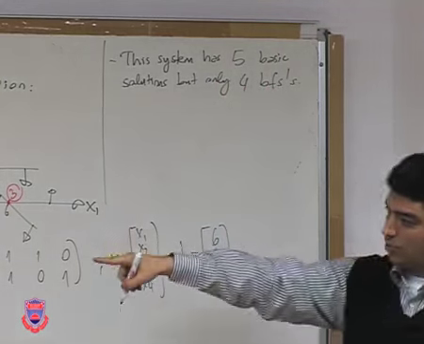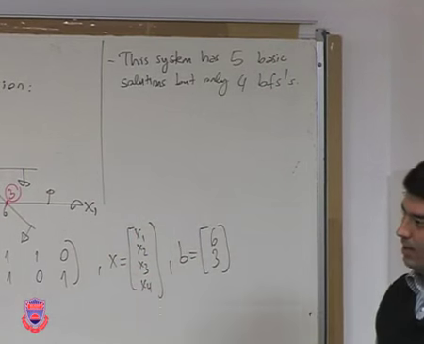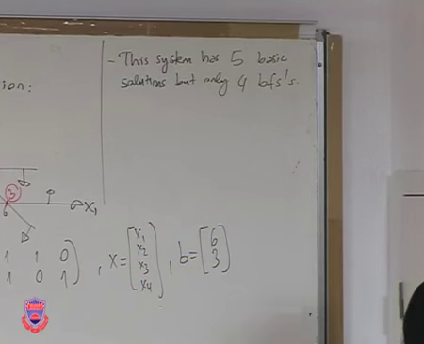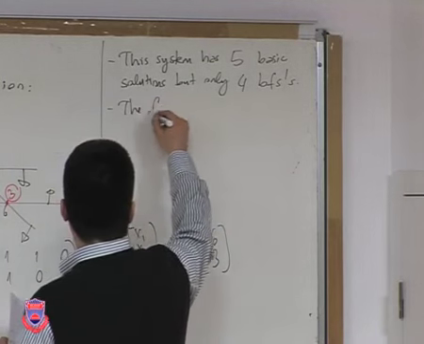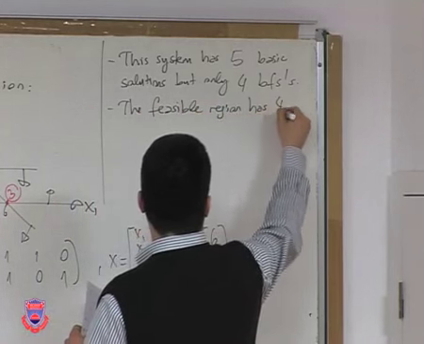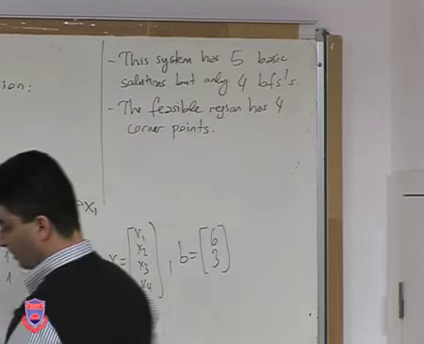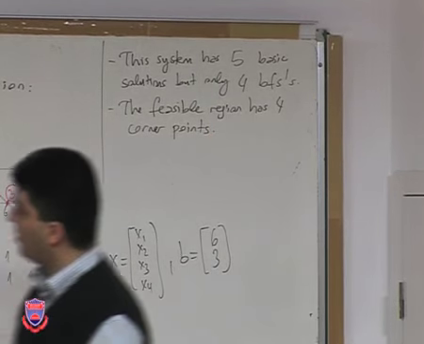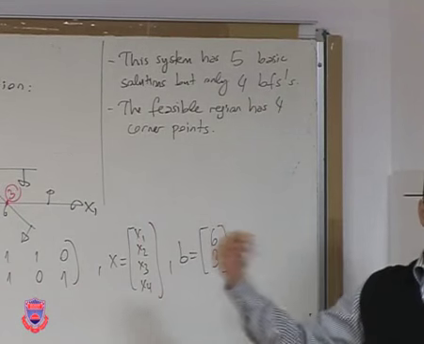Remember, one solution, which is solution number 5, was basic but not feasible. And for one possibility, B was not invertible, so we had to get rid of that possibility. So the feasible region has 4 corner points. Which means that we have 4 basic feasible solutions and 4 corner points, so there's a one-to-one correspondence.